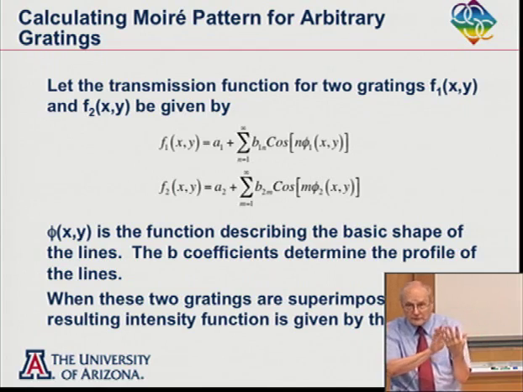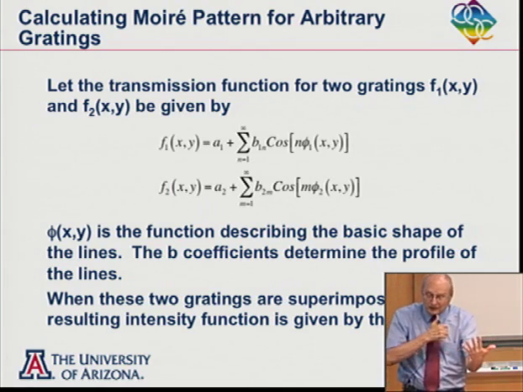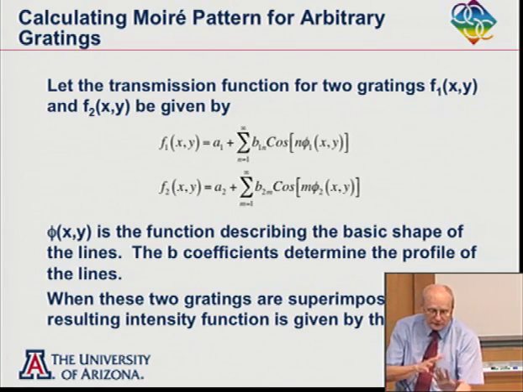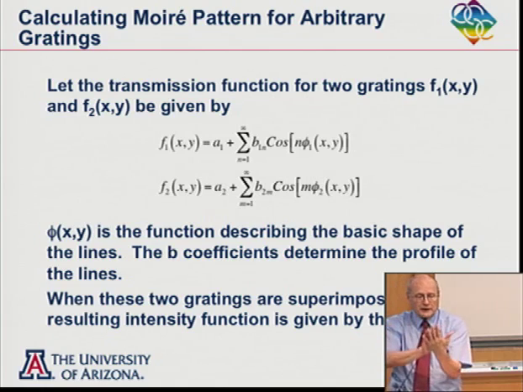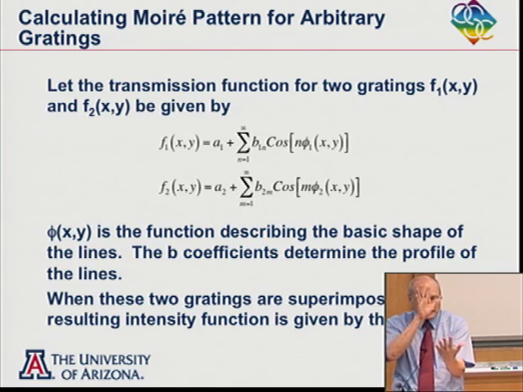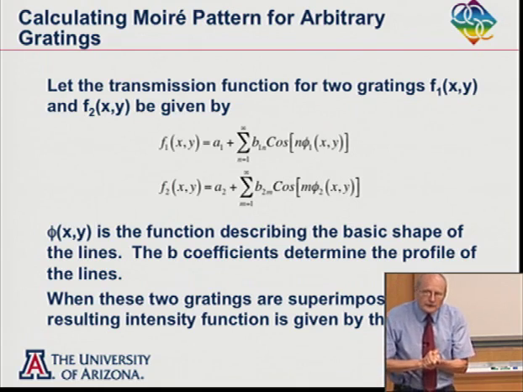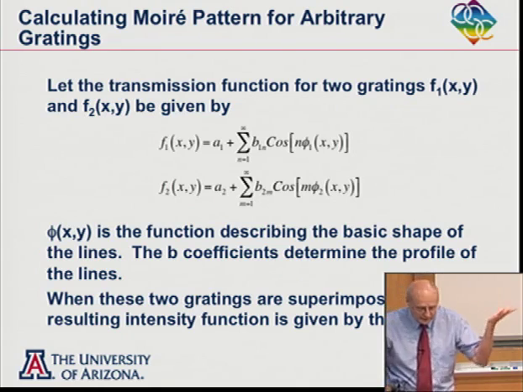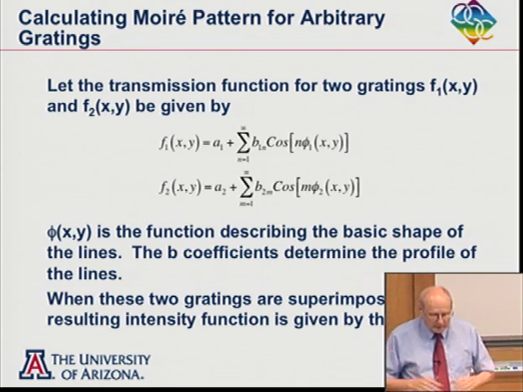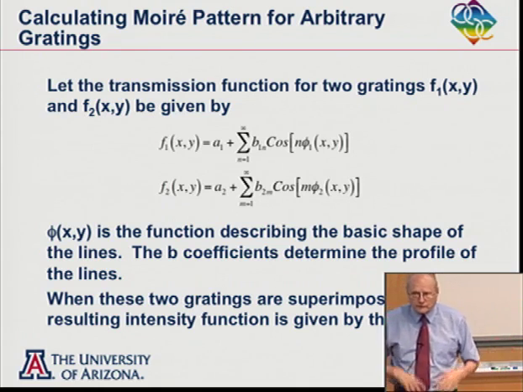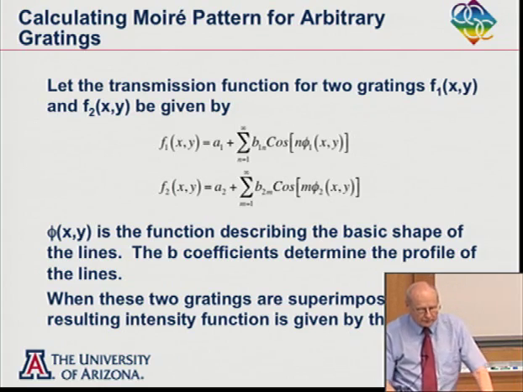So it's like the intensity transmission of one pattern times the other pattern. So I'm seeing the product of the two intensity transmissions. And that's all you need to know to go through the rest. I'm seeing a product here of the transmission function for the two patterns.